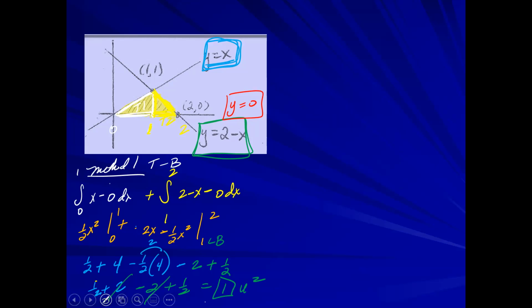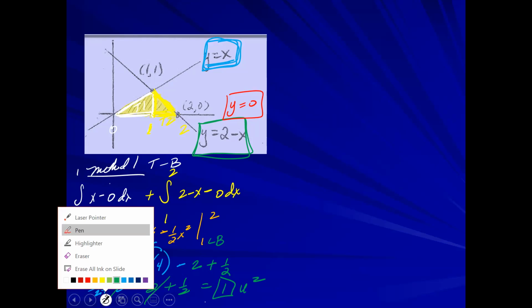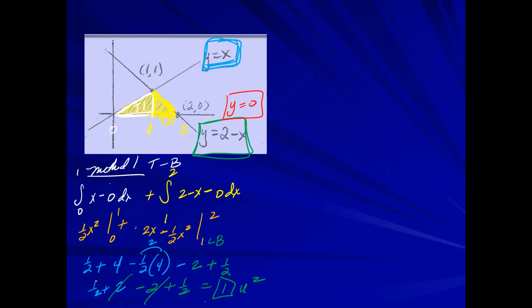Now, on the other hand, if you decide not to do top minus bottom, you can also do left minus right. But if you do the left minus right, remember this has to be y equals, so you have to solve this in terms of y, which means that you'll have x equals y, so there's no big change there. And here you'll have an x equals 2 minus y.